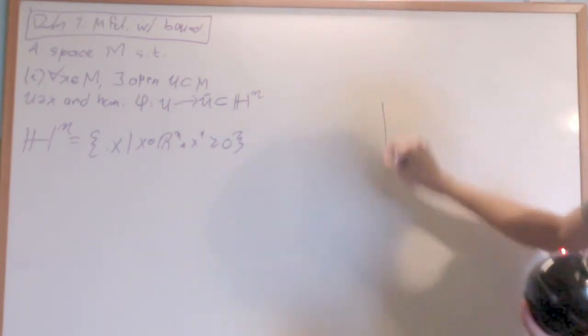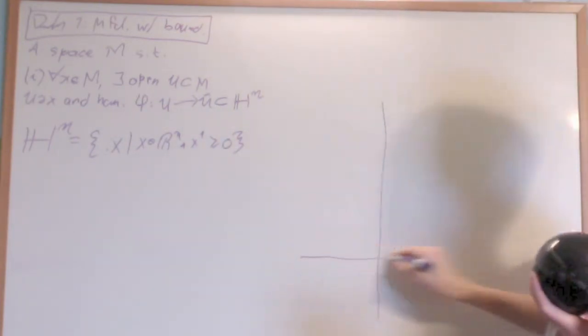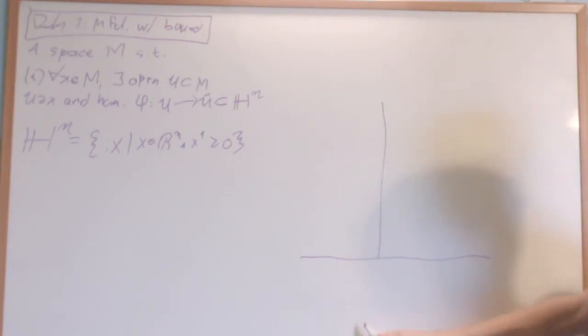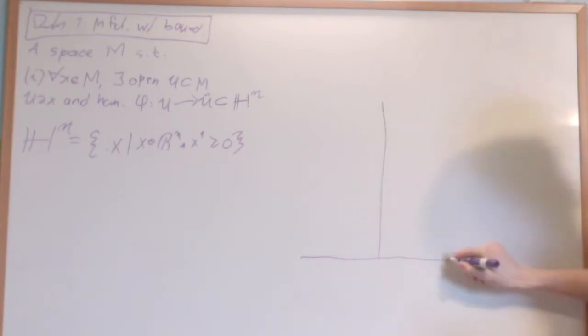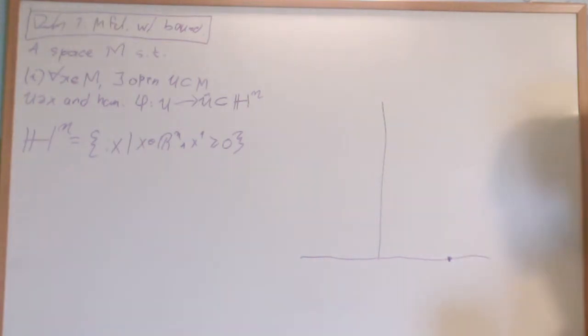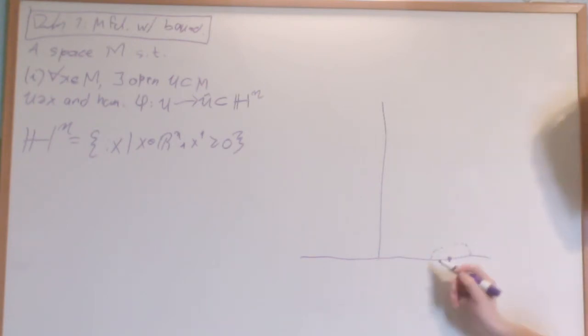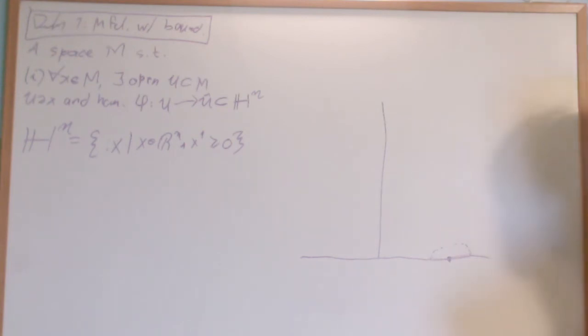So if I have R2, I just exclude the bottom half, but I include that x-axis right there. So intuitively, right here is like the boundary. It's like the boundary of the half. No matter what open interval I put around it, it still has just this line right here, which is closed, which makes it not open.